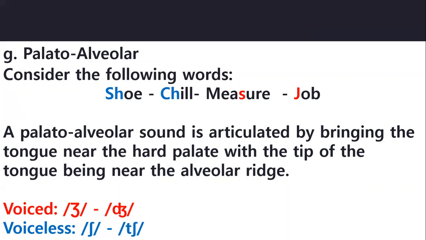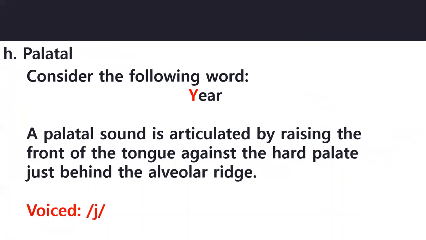If you want to know where the hard palate is, go back to the drawing of the articulators. So we have voiced as in measure and job, or voiceless as in sh, ch. To tell the difference between them, it's always with the vibrations. Either there are vibrations and the sound is voiced, or there are no vibrations and the sound is voiceless.